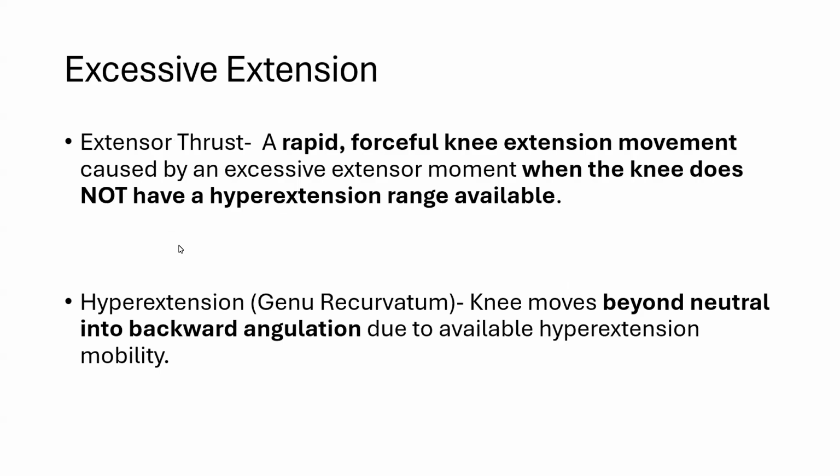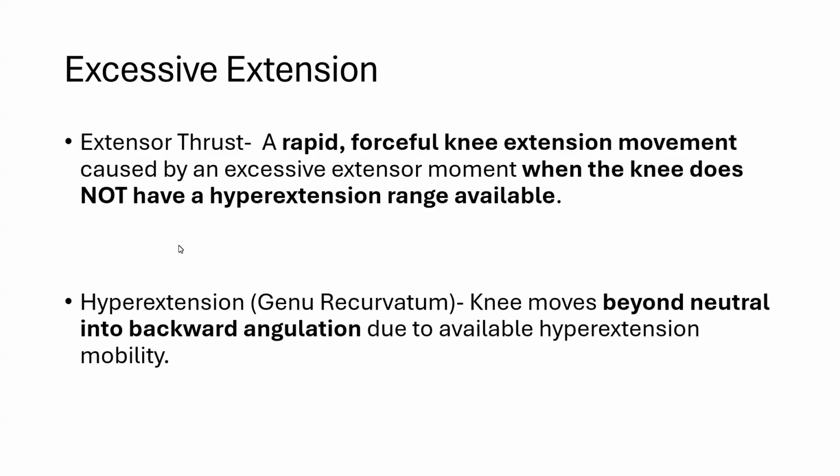Coming to excessive extension, there are two terminologies: extensor thrust and hyperextension. Extensor thrust is a rapid, forceful knee extension movement. It is caused by an excessive extensor torque or moment when the knee does not have any hyperextension range available, and it is a dynamic, abrupt action. So the knee is driven posteriorly, but it cannot go beyond neutral because the normal anatomy blocks it, so it represents an extensive force overpowering the knee without any actual recurvatum.